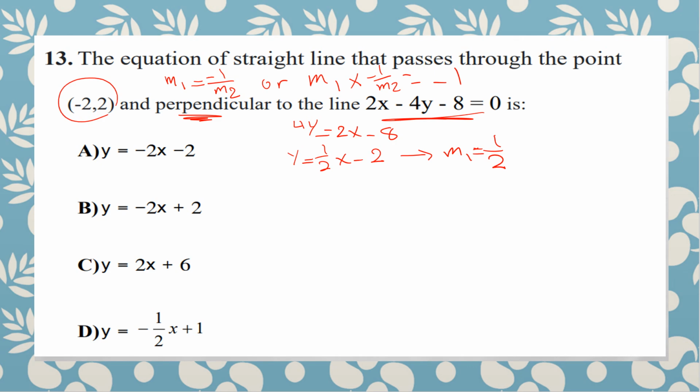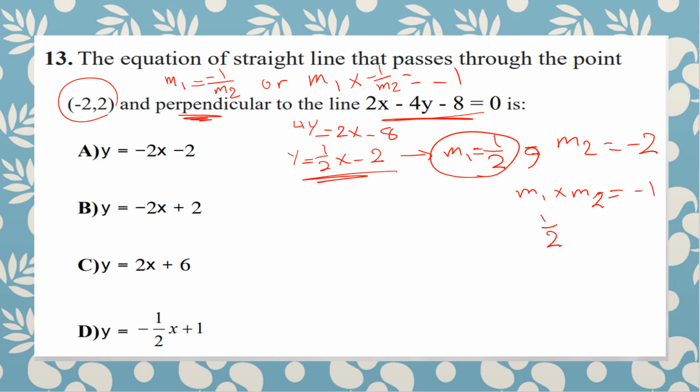So as the second line would be perpendicular to this line, m2 would be the negative reciprocal of m1, and this would equal minus 2. By multiplying m1 times m2, the result should be negative 1. So half times negative 2 equals negative 1.